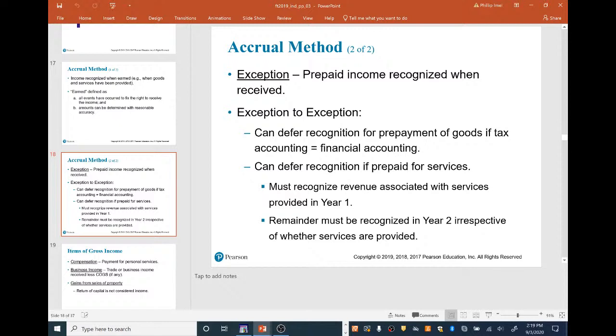Can defer recognition for prepayment of goods if tax accounting equals financial accounting. So if we're operating on the income tax basis of accounting, then that's where the exception to the exception would apply. Can defer recognition if prepaid for services. Once again, must recognize revenue associated with services provided in year 1, and remainder must be recognized in year 2. And this is irrespective of whether or not the services were actually provided.